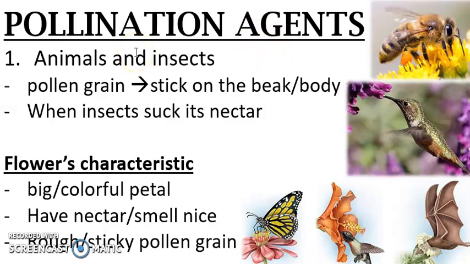So next one is about pollination agents. Okay, we have two types of agents. Number one is animals and insects. Okay, what will happen is that the pollen grain will stick on the body when insects suck its nectar. So the characteristics of the flower: number one, it will have big and colorful petals, have nectar or smell nice, and it will have rough and sticky pollen grains.